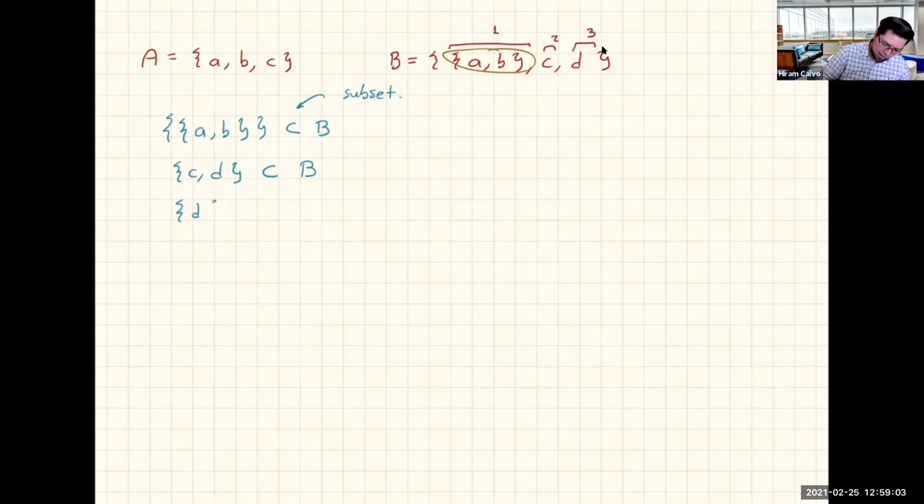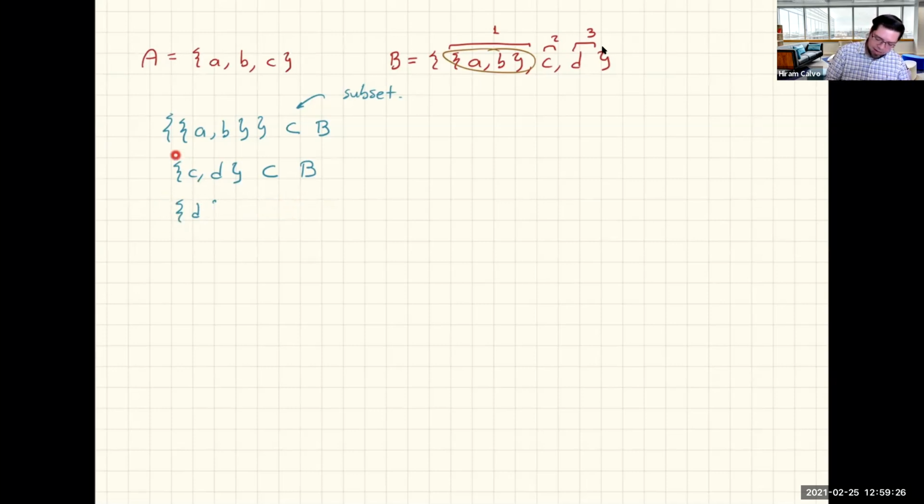So here, I close this curly brace. Curly brace es paréntesis. Además, ¿cómo se dice? La llave, es una llave. A curly brace es una llave. It's a subset of B.